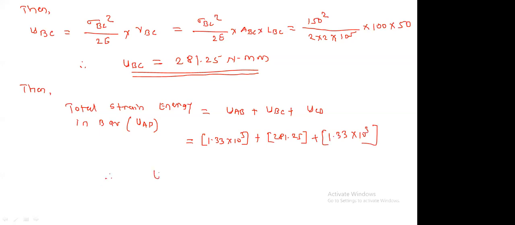So total strain energy stored in the total bar, that is AD, is equal to 2.94 into 10 raised to 3 Newton mm.